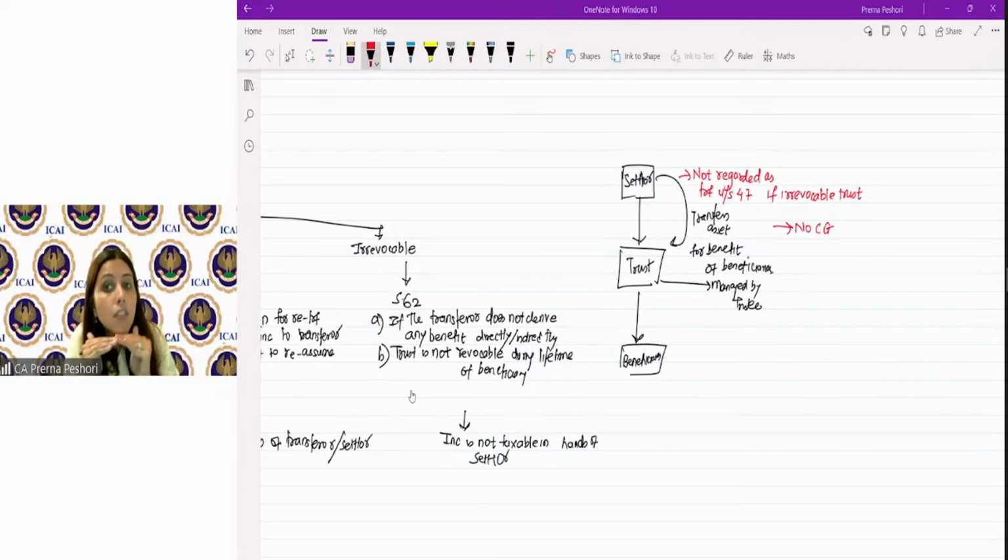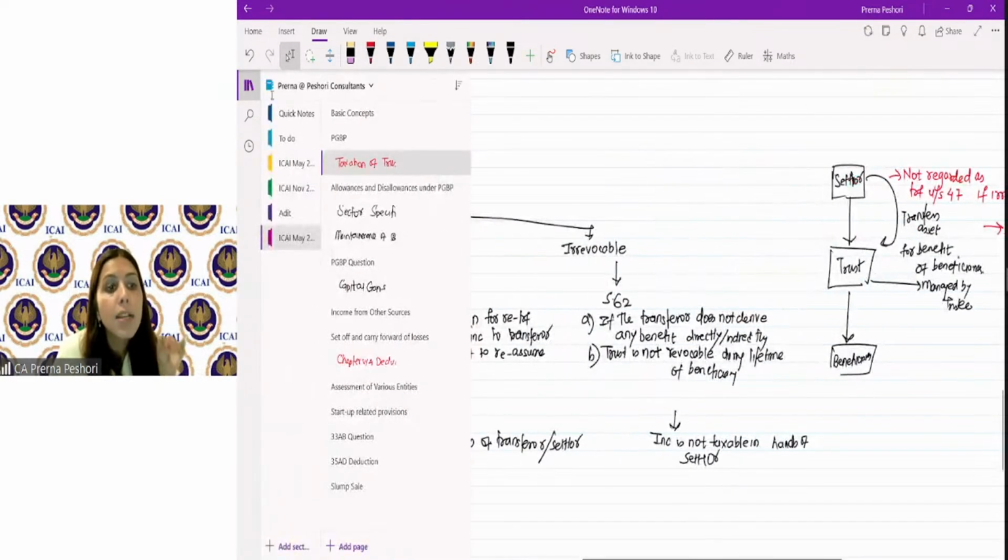But in the hands of the trust, whether there will be 56(2)(x). What was 56(2)(x)? 56(2)(x) was basically the receipt of the asset for inadequate or without consideration. So here the trust is not paying any consideration. So can one say that 56(2)(x) will be applicable over here?